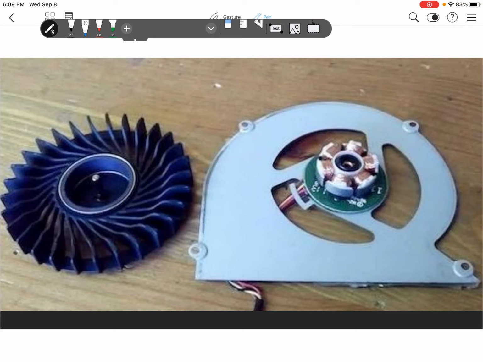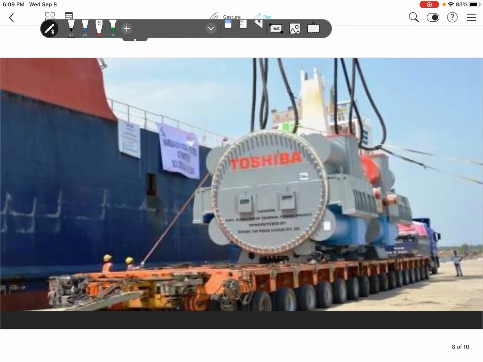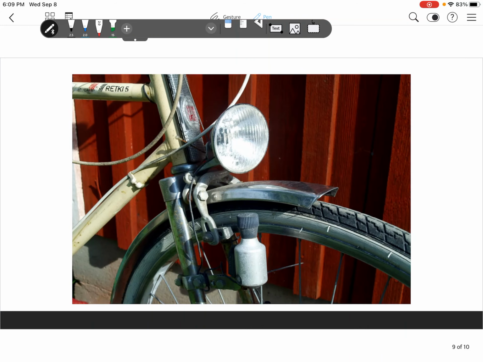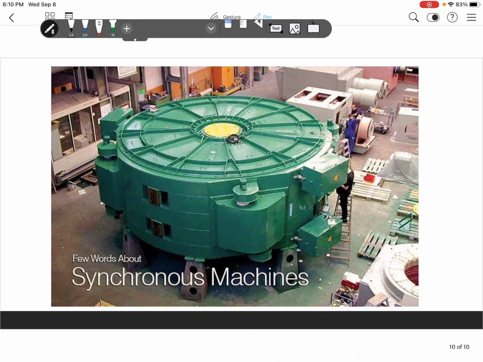You will see them as small as the very small motor driving the cooling fan of your laptop, up to giant electric motors that need specially designed trucks to carry them. And you find generators from as small as the very small generator attached to your bike wheel to generate just enough electricity for your flashlight, up to the very large synchronous generator used in power plants. That's how it's compared to the size of a man. So that's the generator we're talking about here. That's a very big machine.